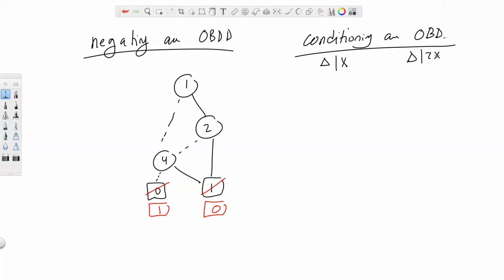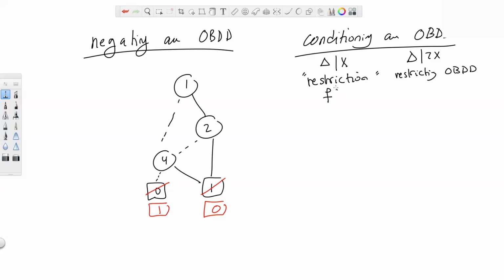Now, I have to mention here before we talk about this that in the engineering literature, and definitely the original paper on OBDDs, they use the term restriction instead of conditioning. So you would say restricting the OBDD, all right? And since we're talking about functions, you will see basically the notation.